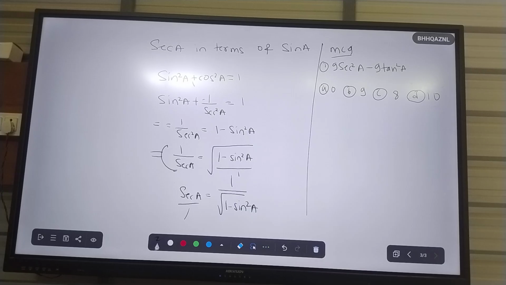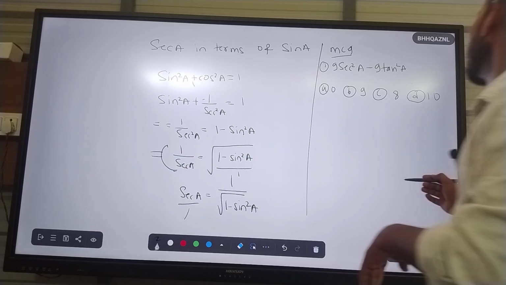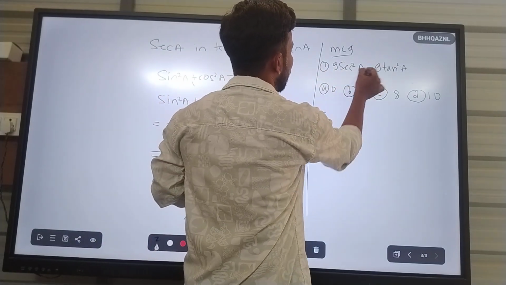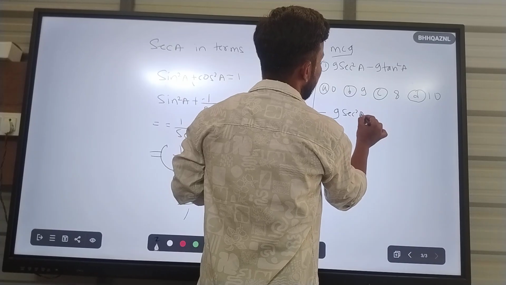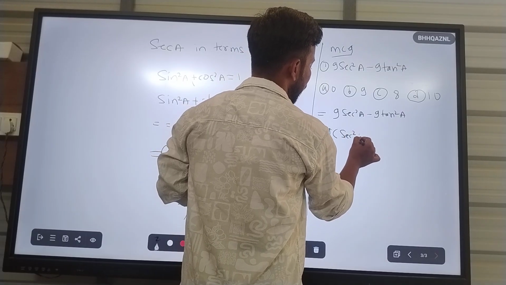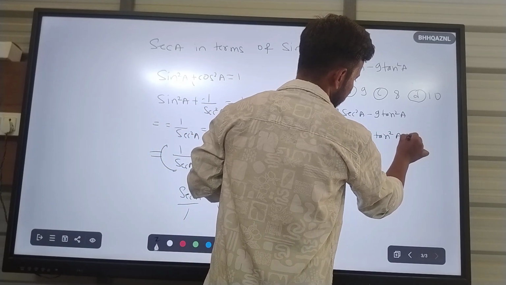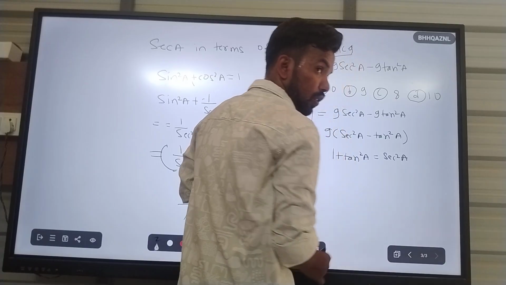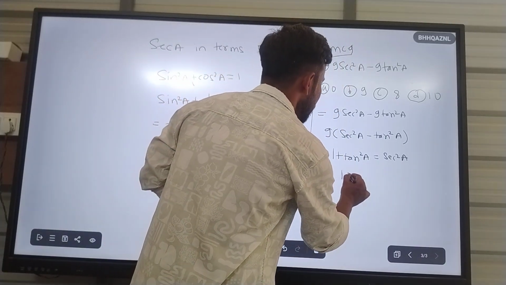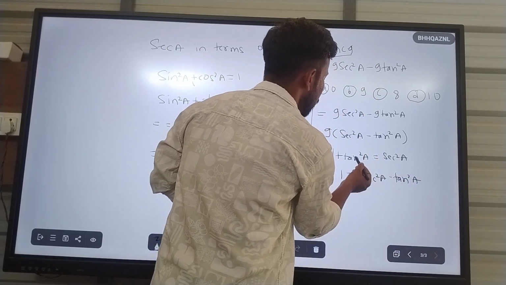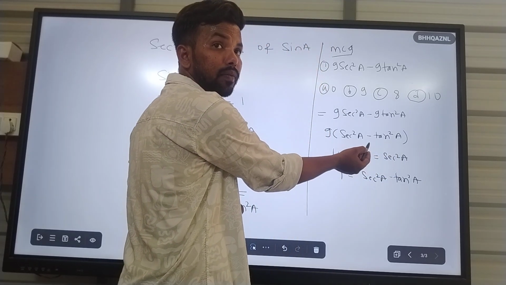One formula satisfies, I think the third formula, whatever we derive, we can adjust that formula. So 9 secant square A minus 9 tan square A. Take 9 common: 9 times secant square A minus tan square A. 1 plus tan square A is equal to secant square A, so sending this to the other side, secant square A minus tan square A is equal to 1.